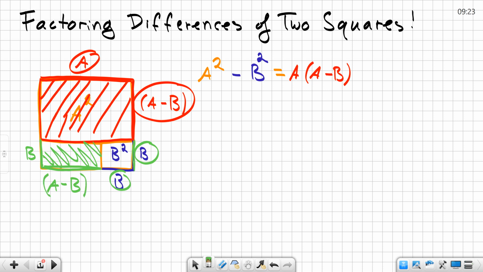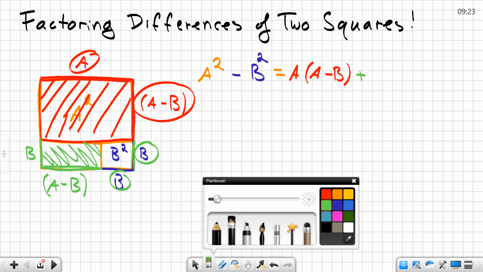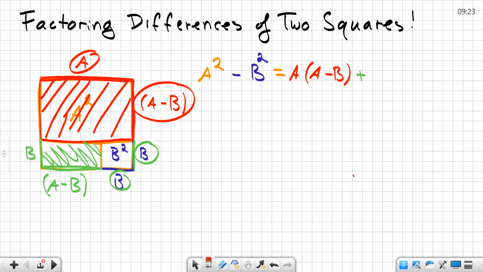So this is A minus B long. And that makes this, I'm adding to this now. How much was the second one? That was B times A minus B.